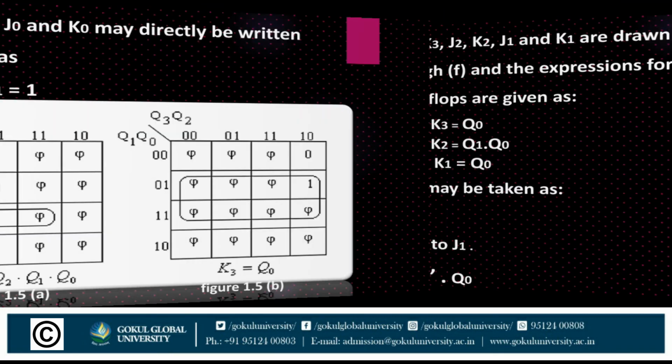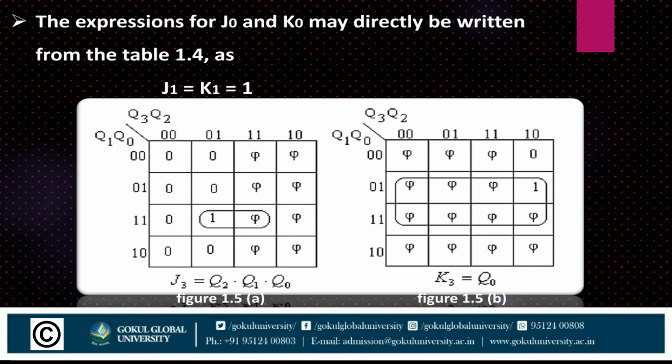Next, the expressions for J0 and K0 may directly be written from table 1.4 as J0 is equal to K0 is equal to 1. So in this K-map, figure 1.5a you all see, and also 1.5b.